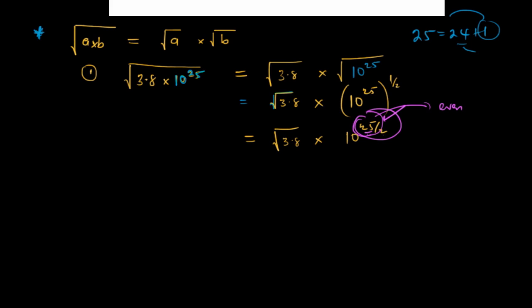So this is the efficient way now. You have the root of 3.8 times 10 to the power 25. This is going to be equal to the root of, like we said, our aim is to break 25 down so that we can divide by 2.